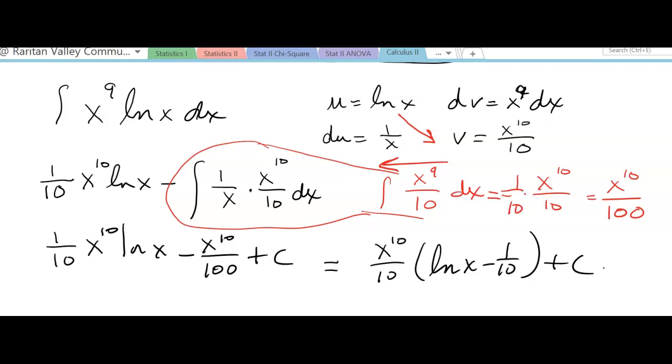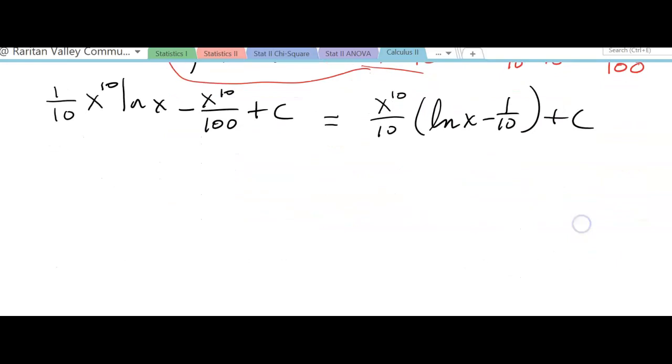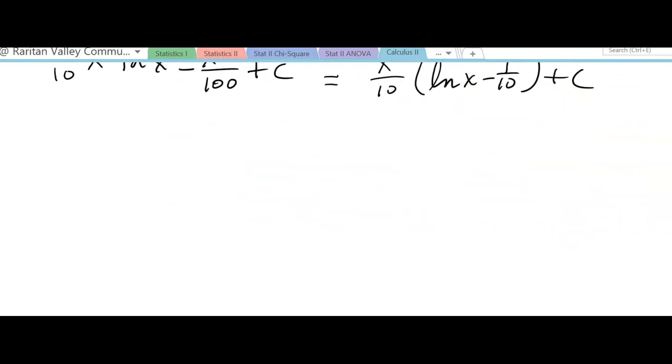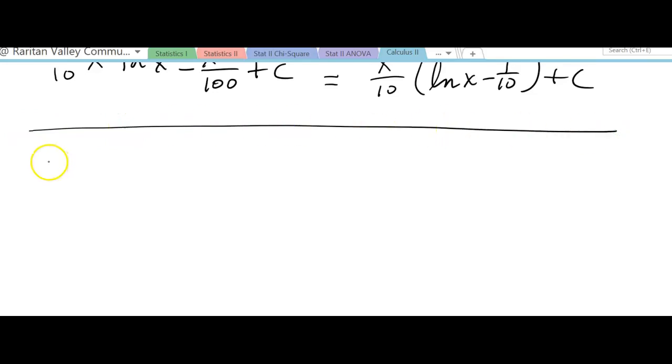I'm going to show you one last little trick. I don't know how often this will come up, but it could come up. So let's try it. The integral of e to the x sine x dx. It appears to be just normal integration by parts.